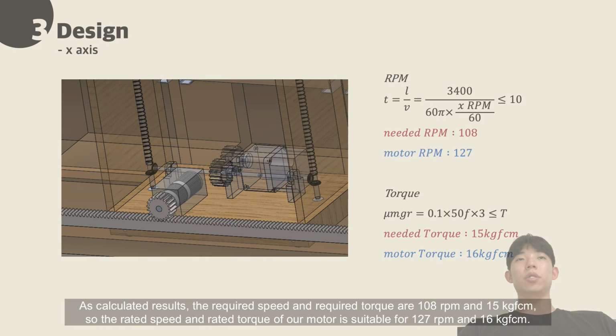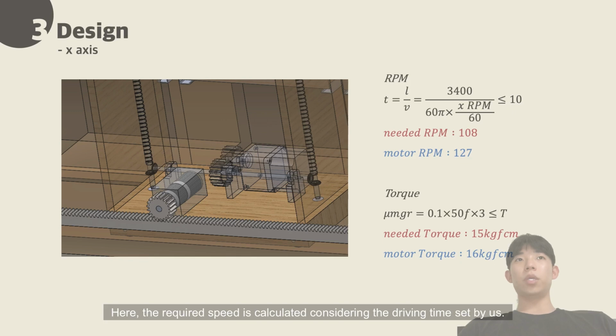As calculated, the required speed and required torque are 108 RPM and 15 kg/cm. So the rated speed and rated torque of our motor is suitable for 127 RPM and 16 kg/cm. Here the required speed is calculated considering the driving time set by us.